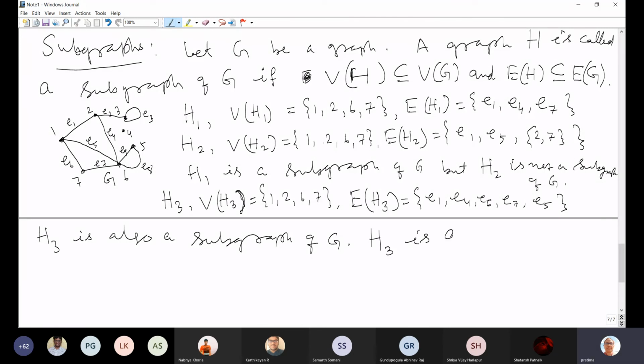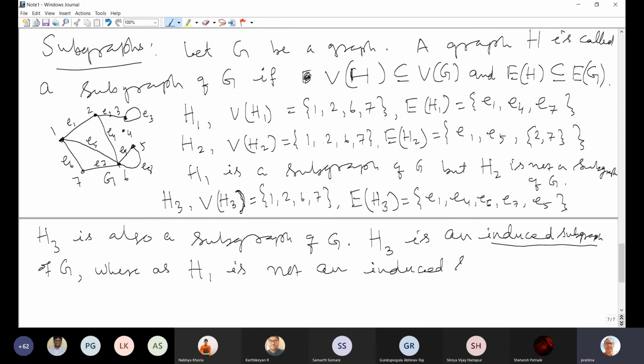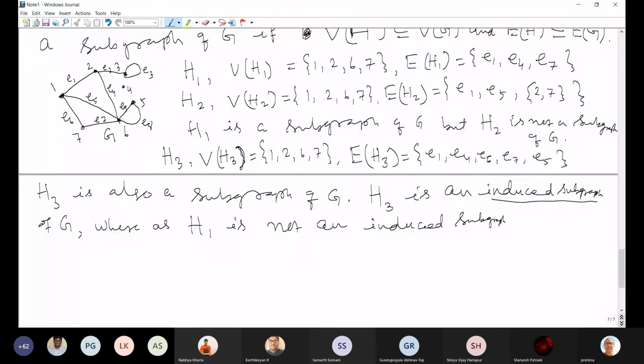H3 is an induced subgraph of G, not only a subgraph, whereas H1 is not an induced subgraph of G. Why?